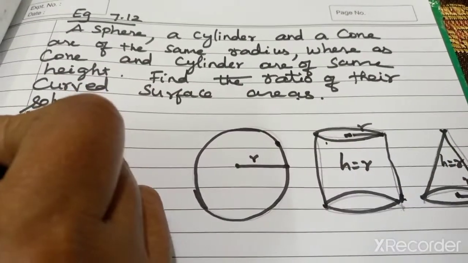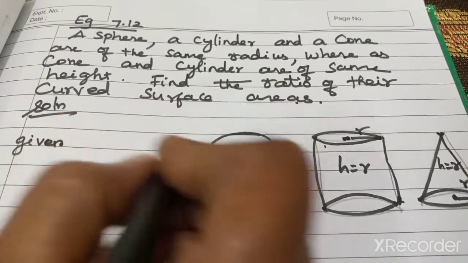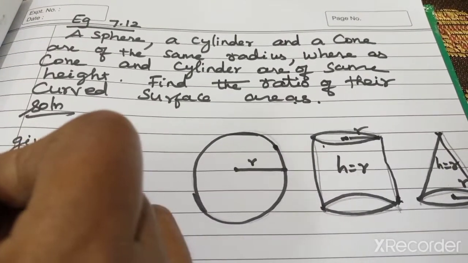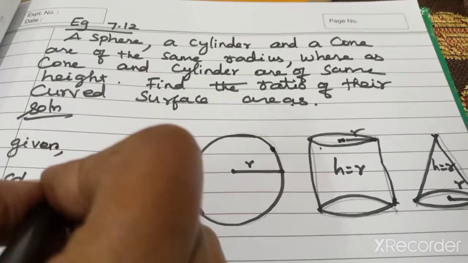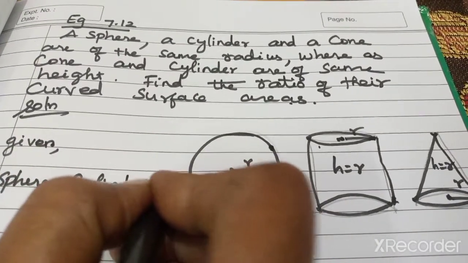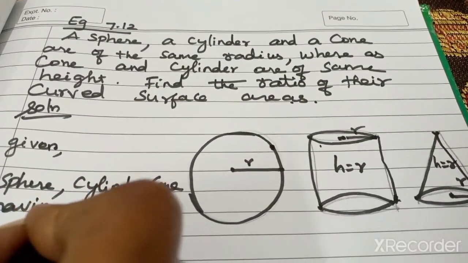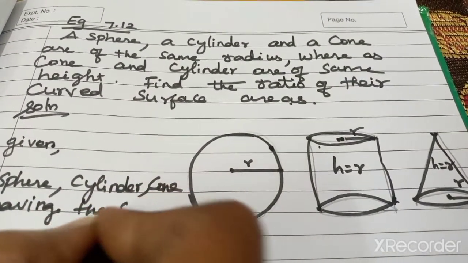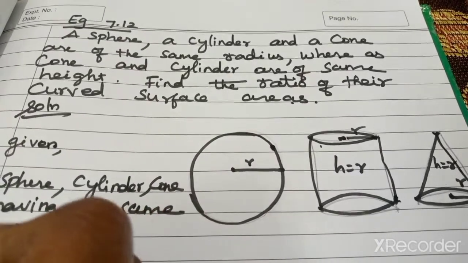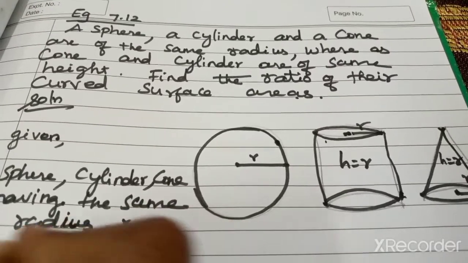Okay, let us do. What are the values given? Let us write. Given: sphere, cylinder, cone having the same radius r.